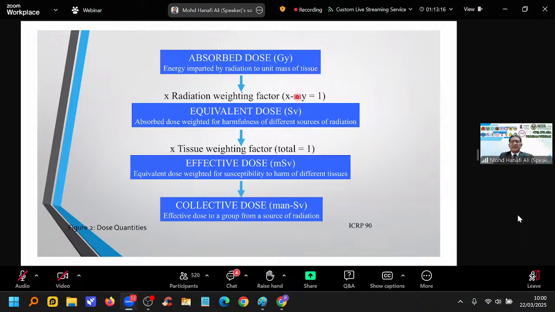But if we consider that we use X-ray, then we call it the equivalent dose, in sievert. If we know that the tissue weighting factor for the whole body total is equal to 1, then we can say the effective dose, in millisievert unit.